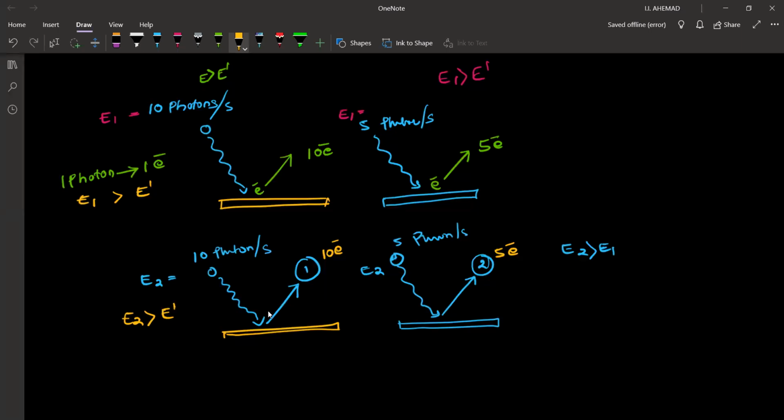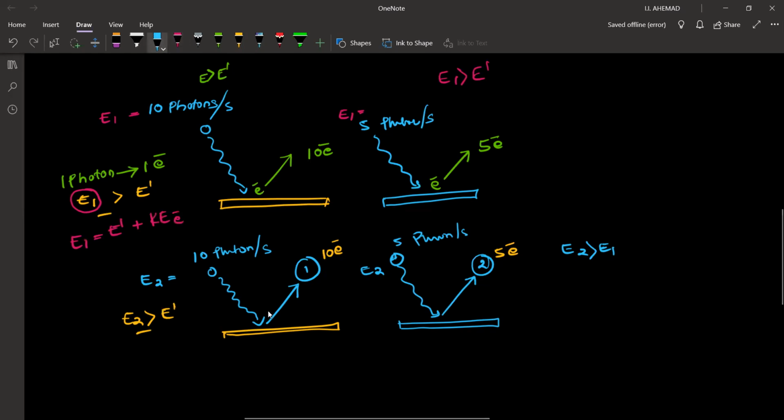What will be the difference between these two cases? The difference is this energy. The energy of this photon will be used for two purposes. The first one is to release that electron. The second one is the kinetic energy of that electron.